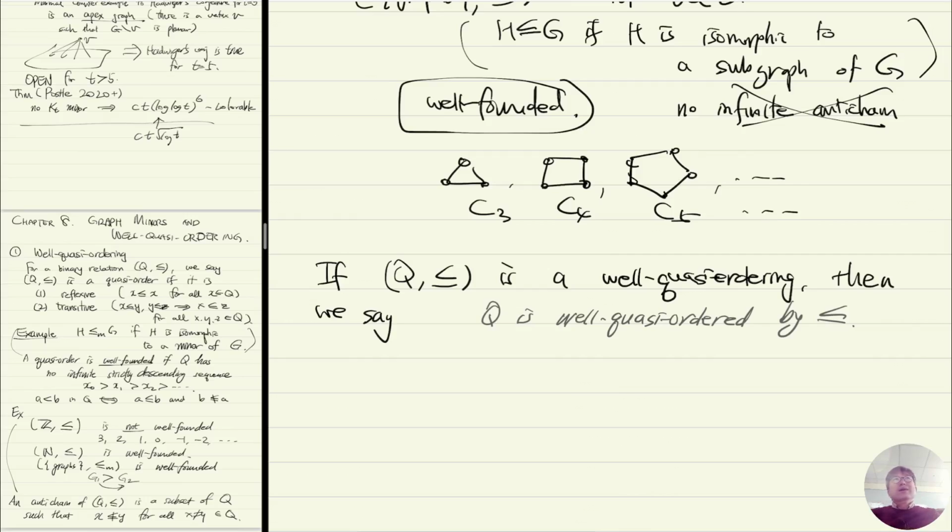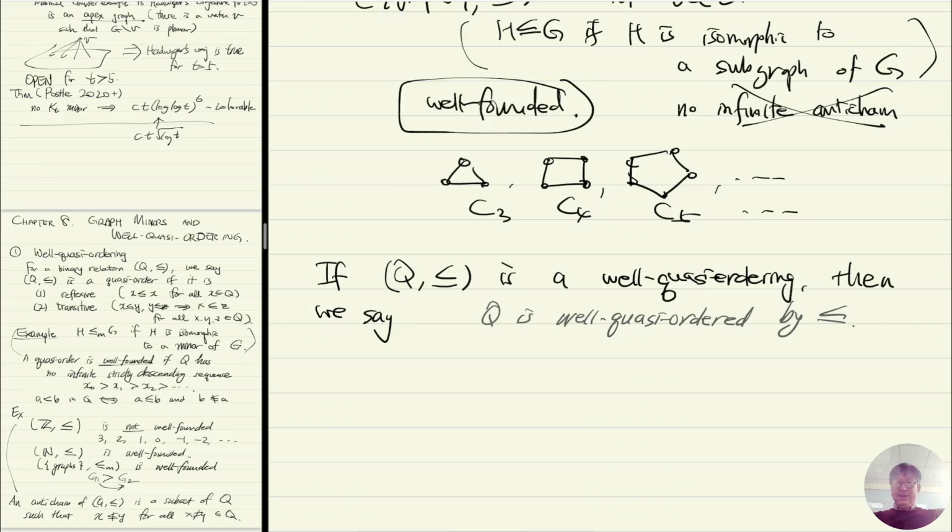Now, I will tell you a few characterizations of well quasi-ordering. We need some property. So the goal is to illustrate to you that graph minors is a well quasi-ordering.